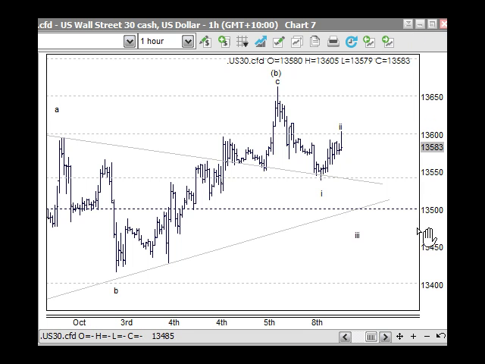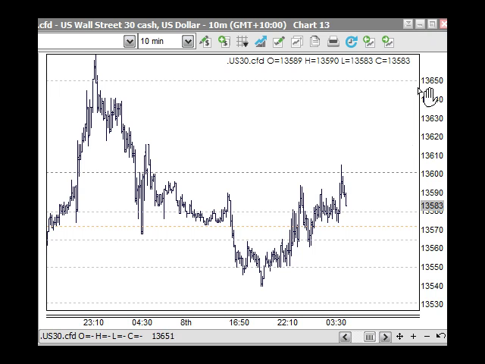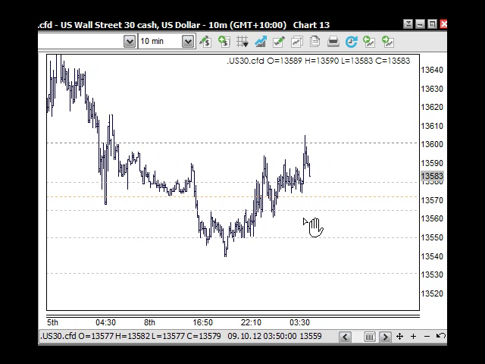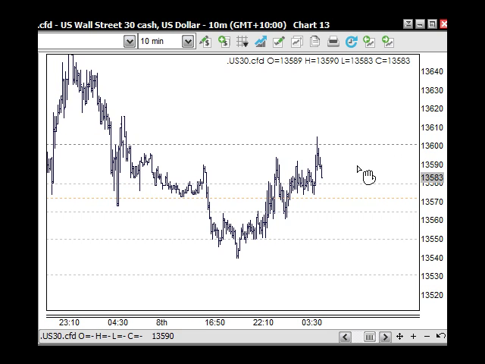In terms of trading down through here, you'd be going into the 10-minute chart. I've retested 13,600, so you'd use the 13,572 as the retested resistance, and look to add to any short positions there.